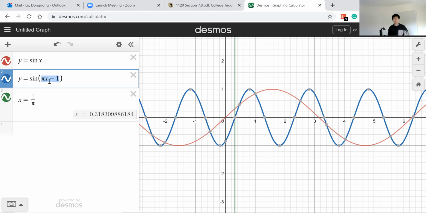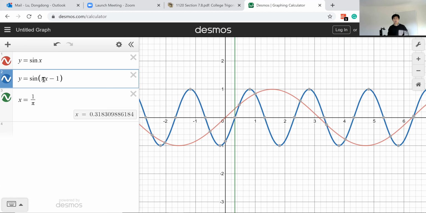Okay, let me phrase it another way. The only thing that matters is the overall performance of this part. If this part turns out to be 0, then it just behaves like sine 0. If this part turns out to be pi over 2, then this function is sine pi over 2.